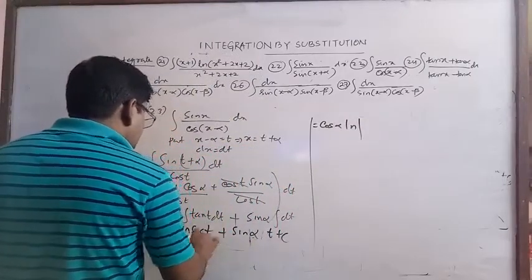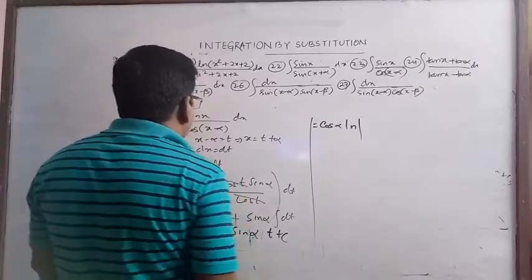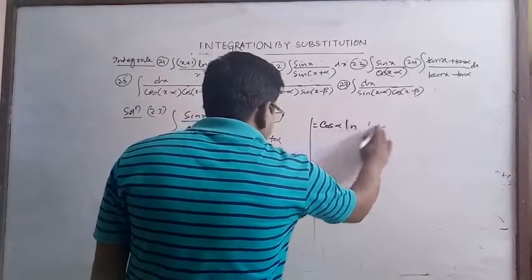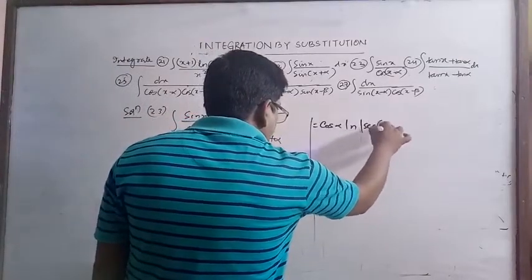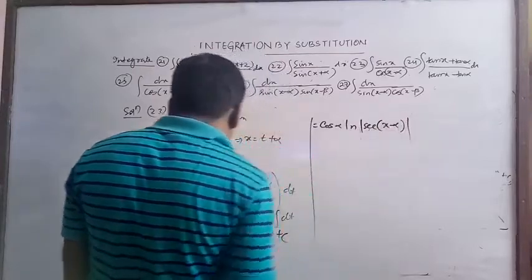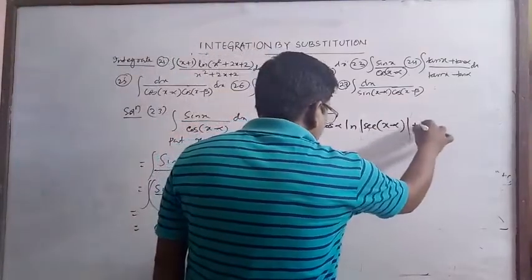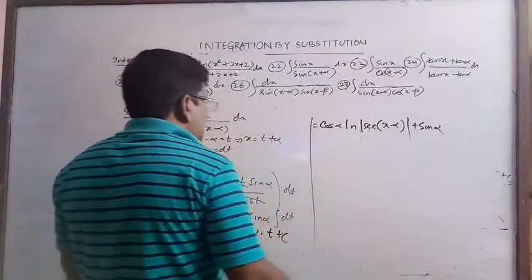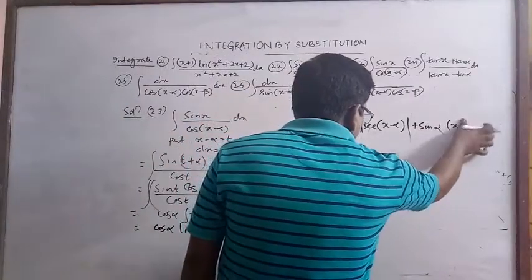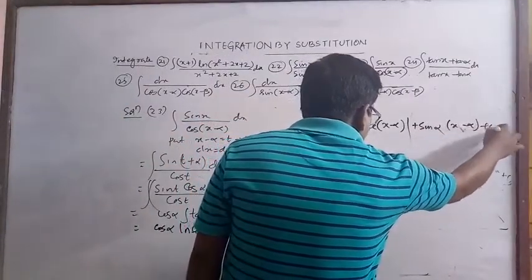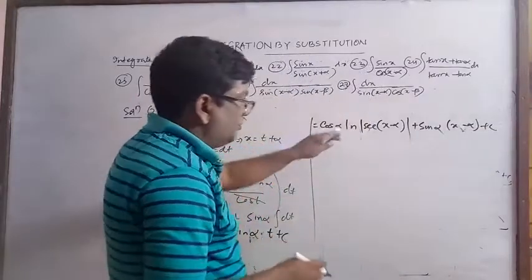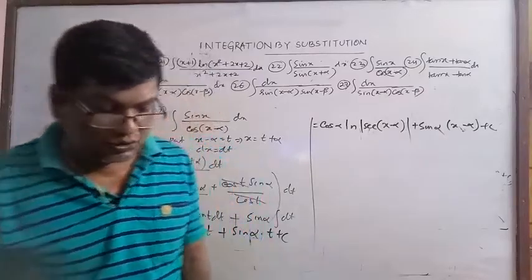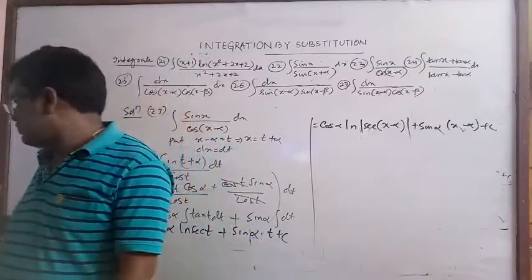Here t means x minus alpha, so log of sec(x minus alpha), plus sin alpha into t, where t means x minus alpha, plus c. This will be the answer, or we can do it in one step. Okay, this is the solution of question number 23.